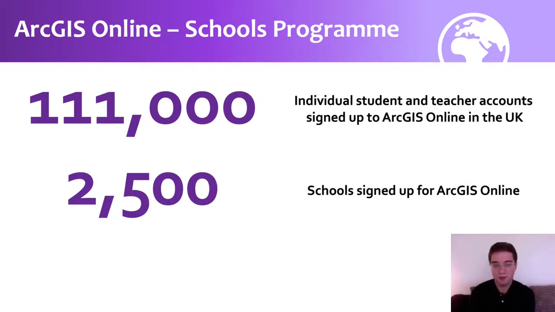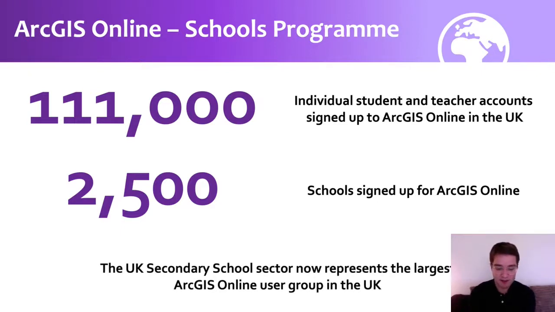These numbers are really quite amazing and are rapidly growing term by term and semester by semester. What these numbers now mean, though, is that the UK secondary school sector is now the largest ArcGIS Online user group in the UK, bigger than higher education and industry. Again, this is amazing and something which will only continue to grow.